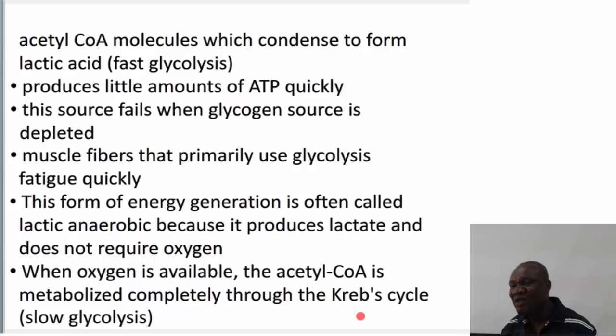Now, the utilization of pyruvate during anaerobic conditions would result in the formation of lactic acid. And this form of energy generation is called lactic anaerobic. It is lactic anaerobic because lactic acid is produced and no oxygen is utilized.